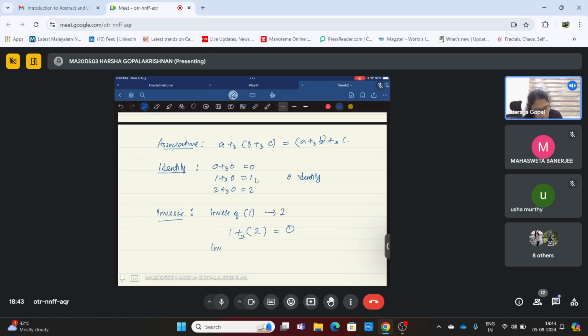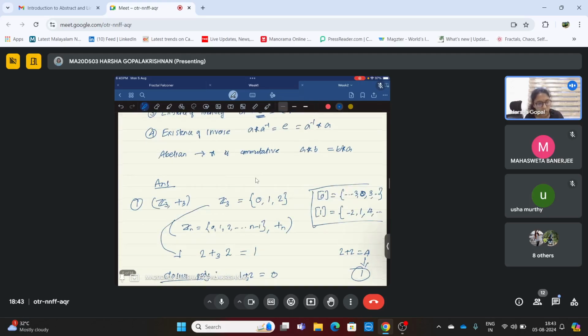And what is the inverse of 2? The same equation works: adding 1 to 2, I get 0 under addition modulo 3. So the inverse of 2 is 1. Inverse of 1 is 2, inverse of 2 is 1. We have 3 elements: 0, 1, 2.